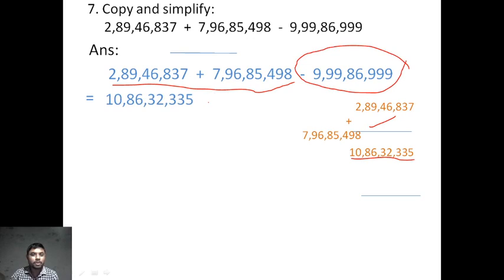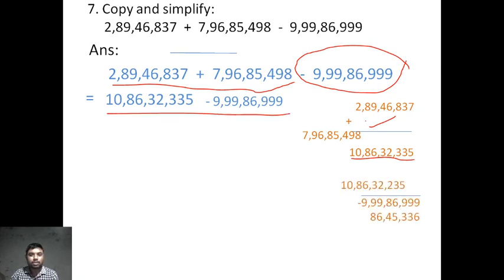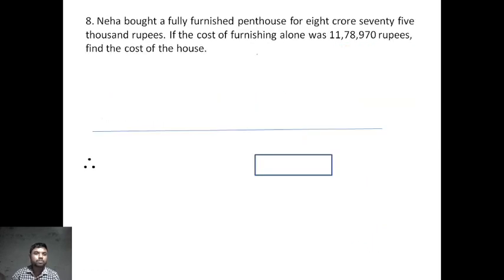You just copy here, don't change it, just write the remaining portion. Okay, now we will subtract this. So after subtracting, it will be just this. Is it clear, my dear student? So what will be the answer? This is the answer.